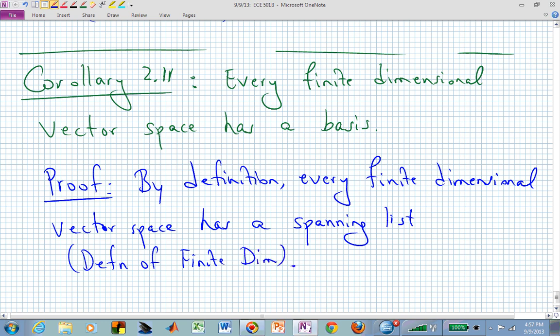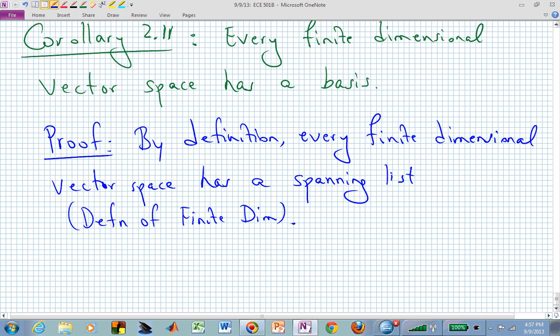That's the definition of being finite dimensional. So we now have a spanning list if we have a finite dimensional vector space. Somebody can throw us a bunch of vectors and say, this will span your entire finite dimensional vector space. But once we have a spanning list, we can go back to the earlier theorem and say, I can throw things out of there to get you a basis. So once you have a spanning list, you're good to go in terms of creating a basis, in theory.